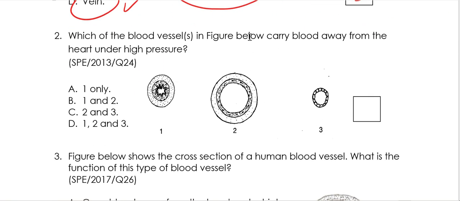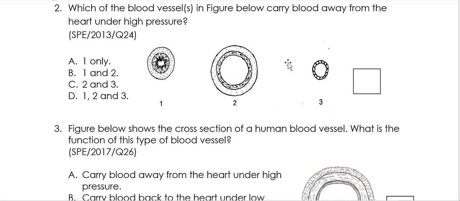Which of the blood vessels in the figure below carry blood away from the heart under high pressure? If you remember, the definition of pressure is force exerted on an area, force divided by area. Your heart gives out a force, especially when it contracts, to pump the blood. That pumping gives out a force at the walls of the blood vessels. If you can see here, smaller area, larger area, small-ish area.